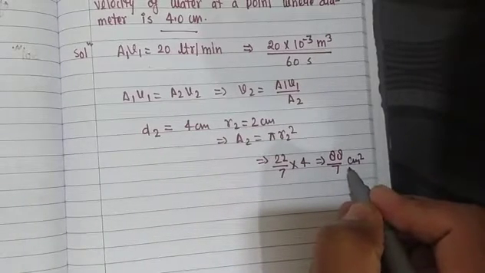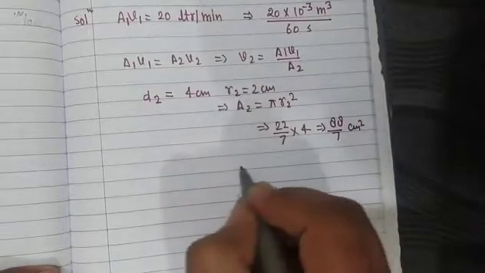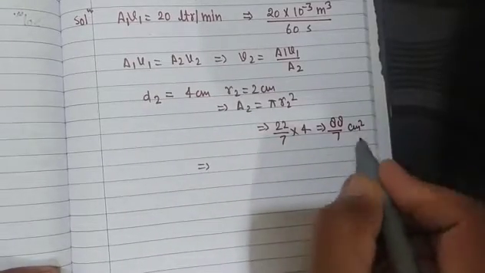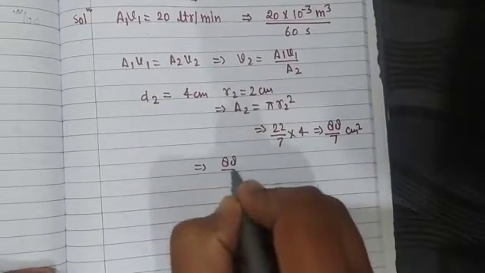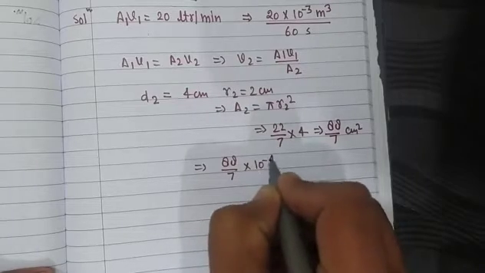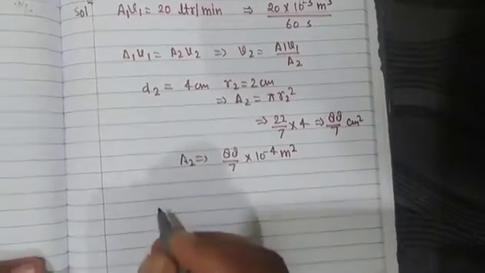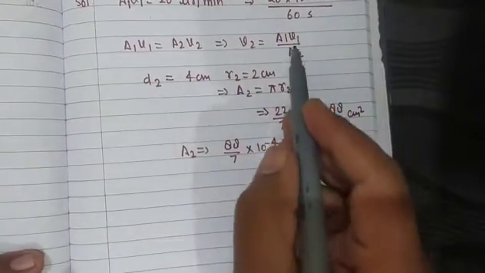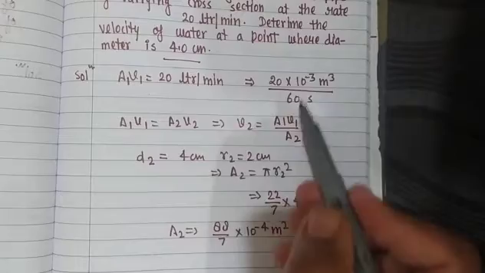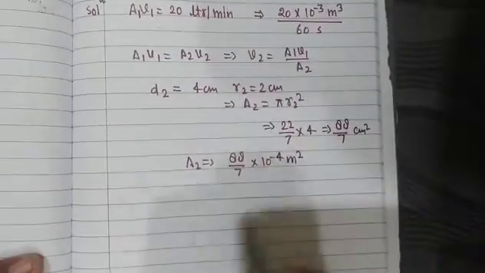So 88 over 7 centimeter square. That is the area of second cross section. We will convert it into the meter square. So it will be 88 over 7 multiplied by 10 raised to the power minus 4 meter square. Now A1 V1 is equal to this one.